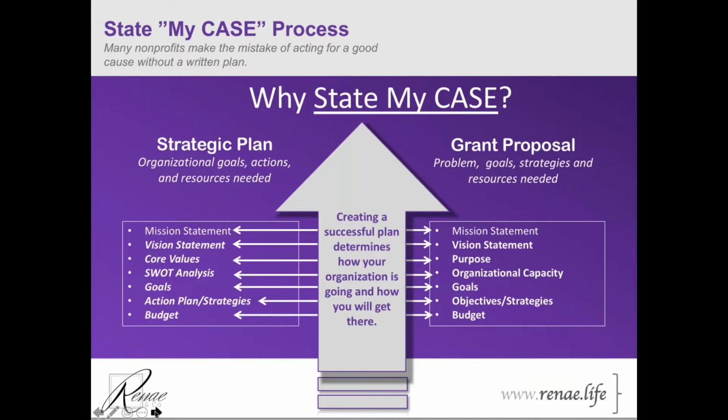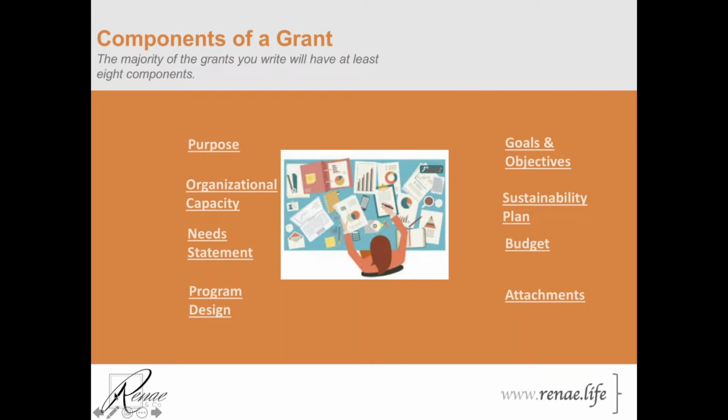So, as you can see, the strategic plan and the grant proposal go hand in hand. Therefore, any grant that is outside of the plan, we will not go for that particular opportunity.